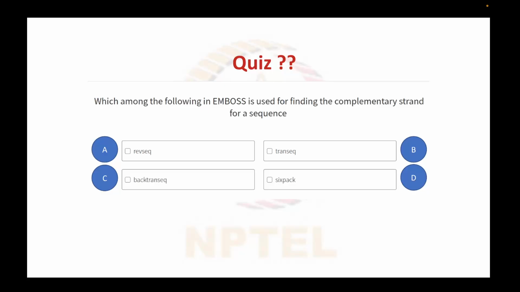So which among the following in EMBOSS is used for finding the complementary strand for a sequence?